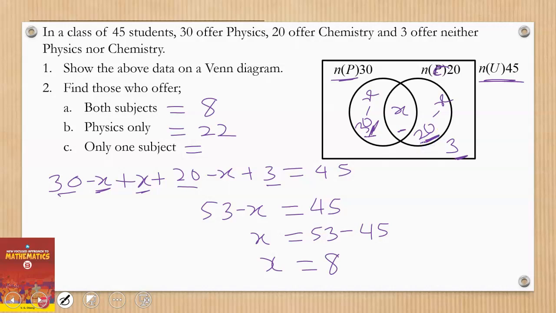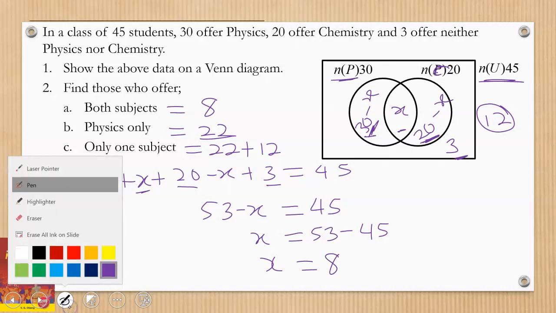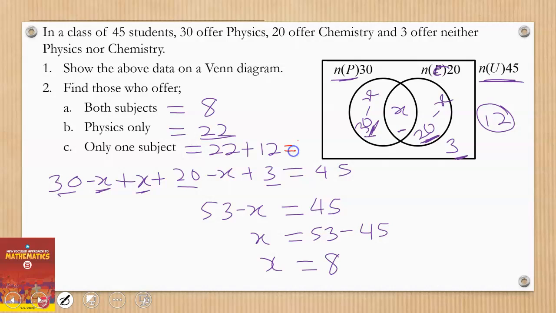Only chemistry is going to give us 20 minus 8, which is 12. So if I add this 12 plus the 22 here, 22 plus 12 will answer those who did only one subject, which will give us 34. So it means 34 students study only one subject.